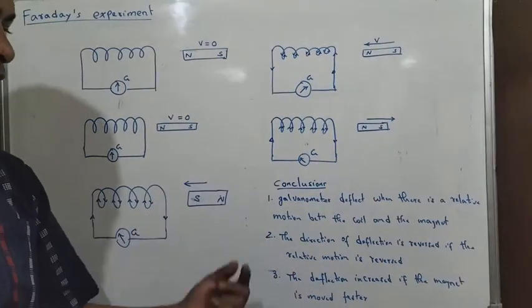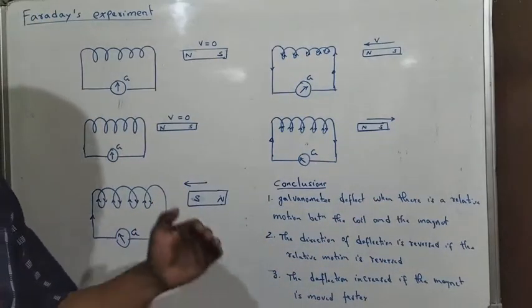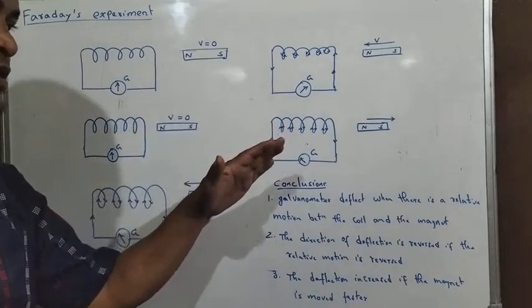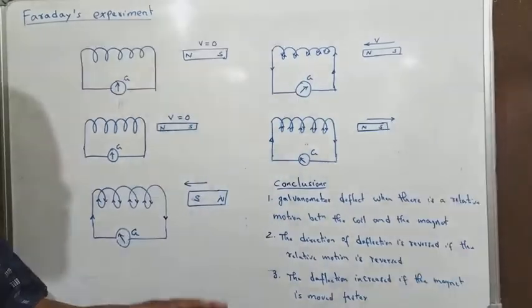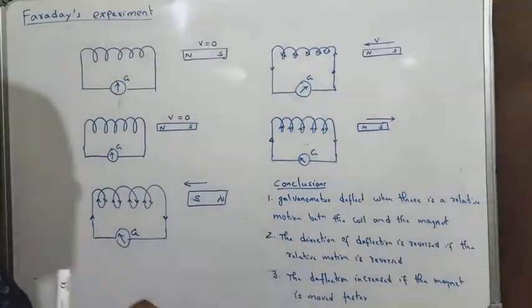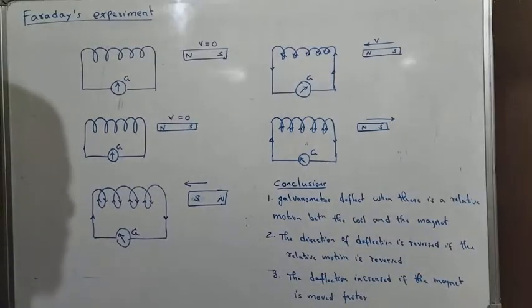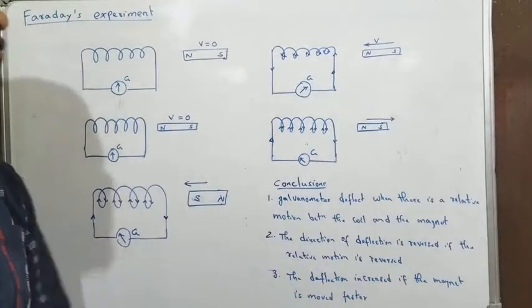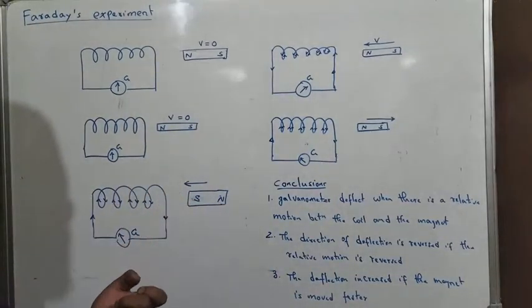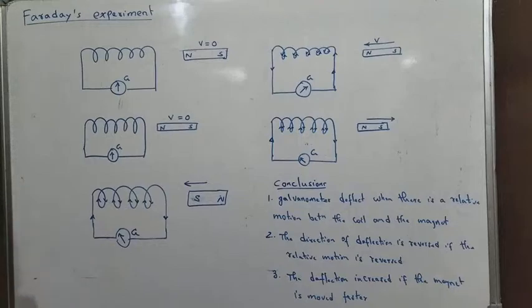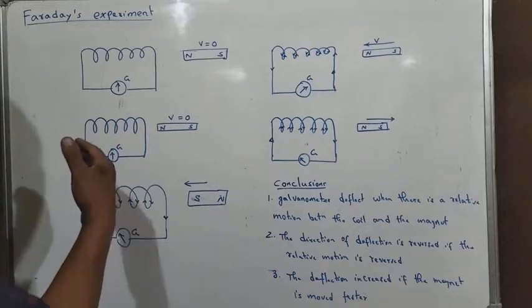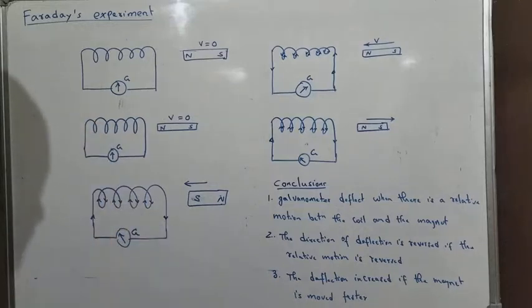The second conclusion is that the direction of deflection in the galvanometer is reversed when you reverse the motion between the magnet and the coil. Third, the deflection is increased if the magnet is moving faster towards the coil or away from the coil. These are the conclusions made by Faraday in his experiment.